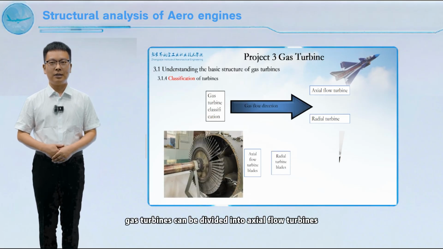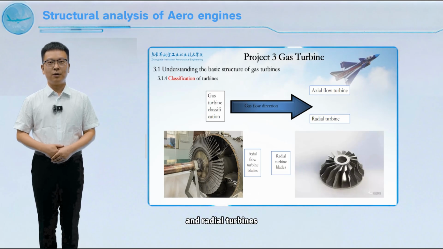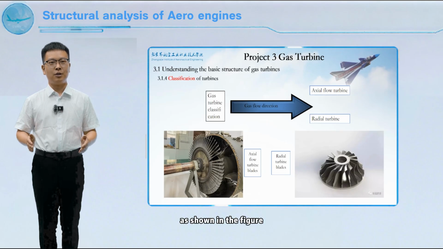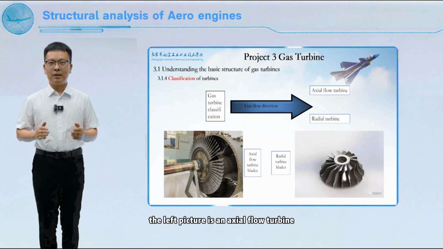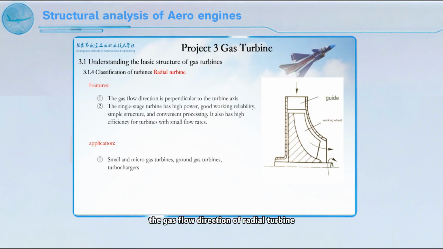Gas turbines can be divided into axial flow turbines and radial turbines according to the flow direction of the airflow. As shown in the figure, the left picture is an axial flow turbine and the right picture is a radial turbine. The gas flow direction of a radial turbine is perpendicular to the turbine axis.